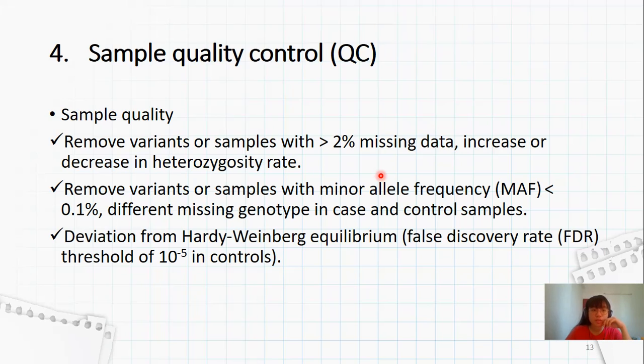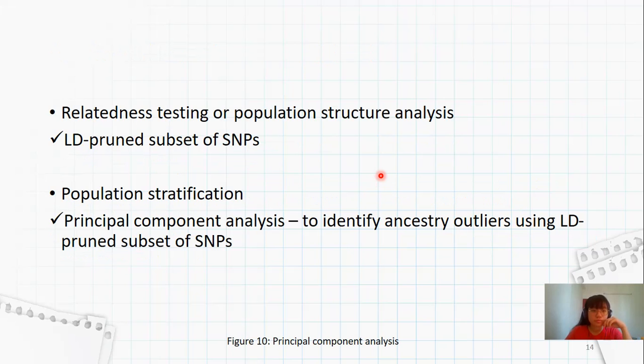To qualify the samples, variants with more than 2% of missing data, increase or decrease in heterozygosity rate, MAF less than 0.1%, different missing genotype in case and control samples, or deviation from the Hardy-Weinberg equilibrium need to be removed.